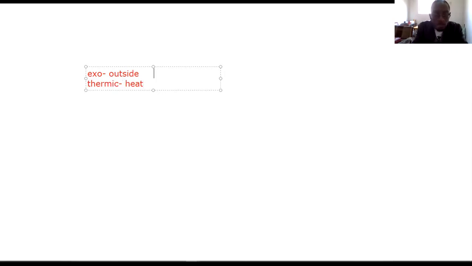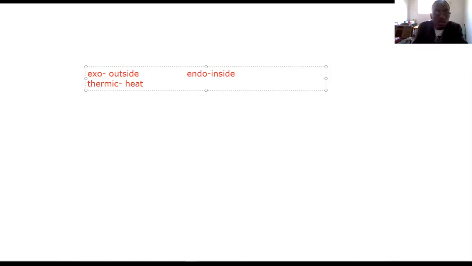Then the opposite is endo, which we said is inside. And then it comes down to heat.